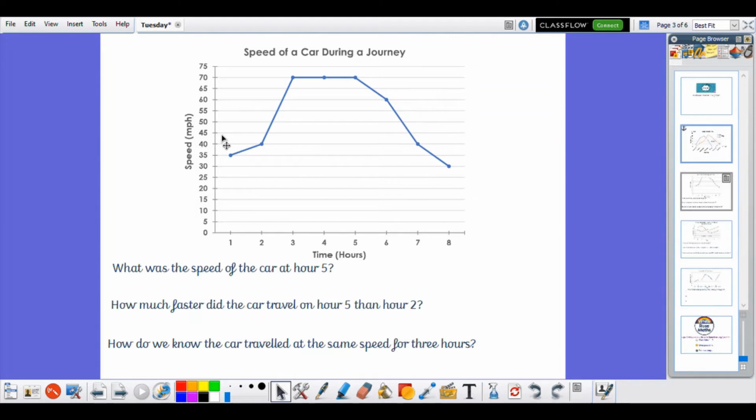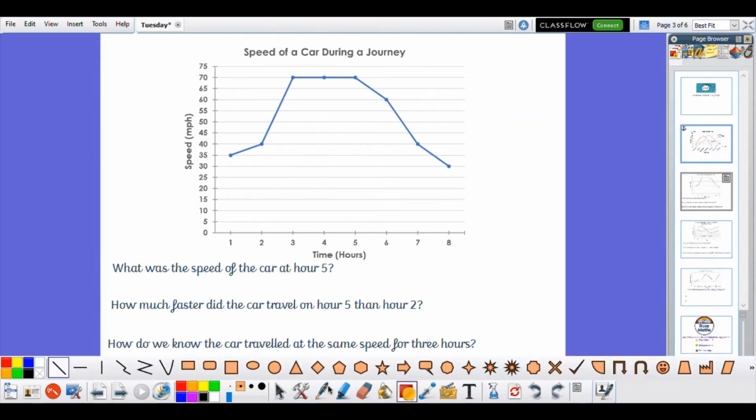When we read data from a graph, we go along the x-axis first, and then we go up the y-axis, okay? So we go along and up. Some people like to remember along the corridor, then up the stairs. So if I start at 0, I'm going to go along to hour 5, and then I'm going up. In fact, I could use my ruler to do this.